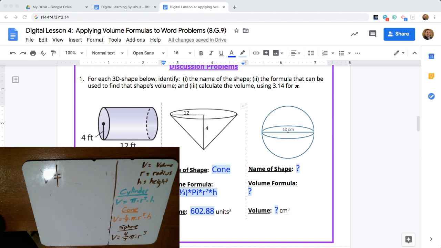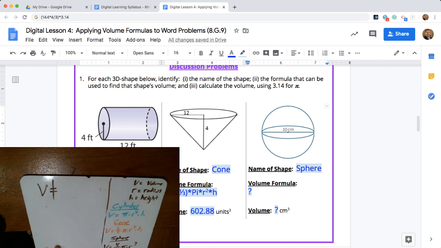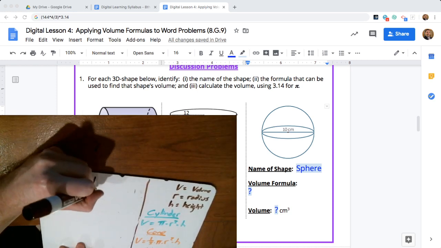I do agree with Donald that the name of this shape that we're working with now is a sphere. And what do we think the radius for this sphere is going to be? Because as we put that sphere formula down, the volume formula for a sphere is determined entirely by the radius.